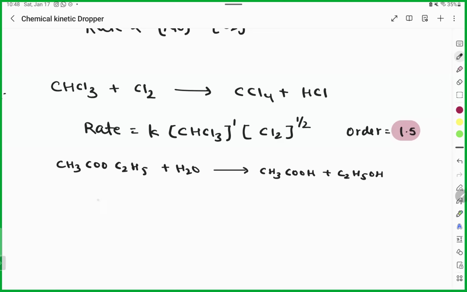If you see, rate is equal to K CH3COOC2H5. Barinder, what will be the order of reaction?